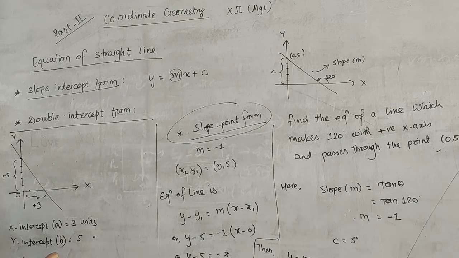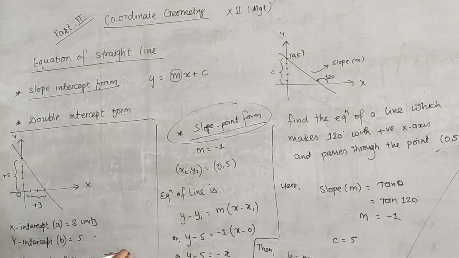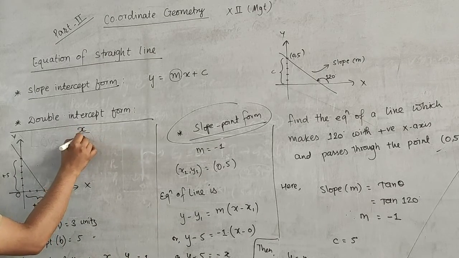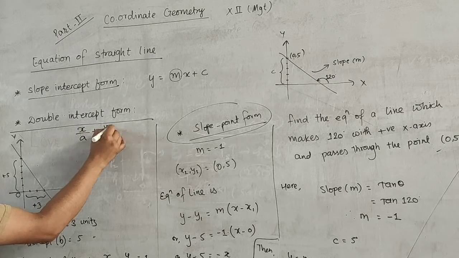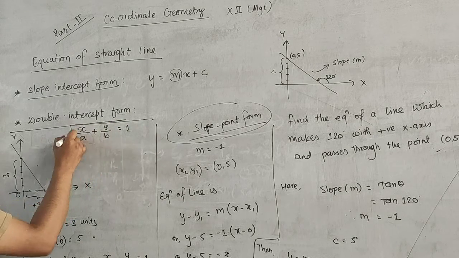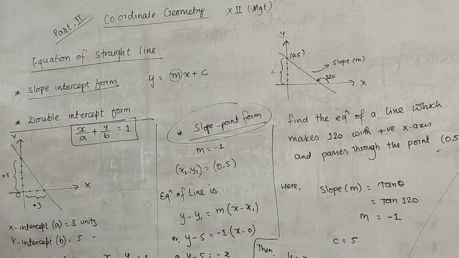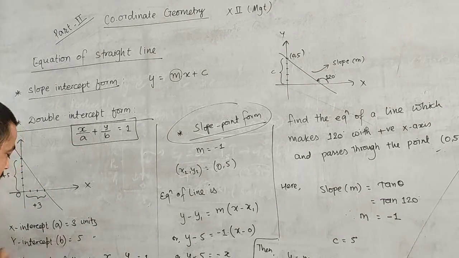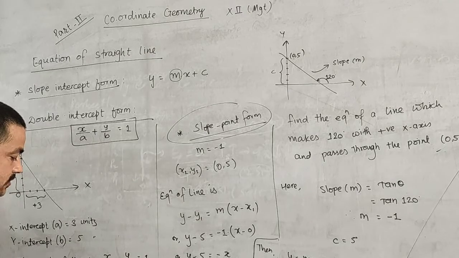Then you know the equation of line in double intercept form is x by A plus y by B equals to 1. X upon A plus y upon B equals to 1. This formula, we use over here. So x upon A is 3 plus y upon 5 equals to 1.